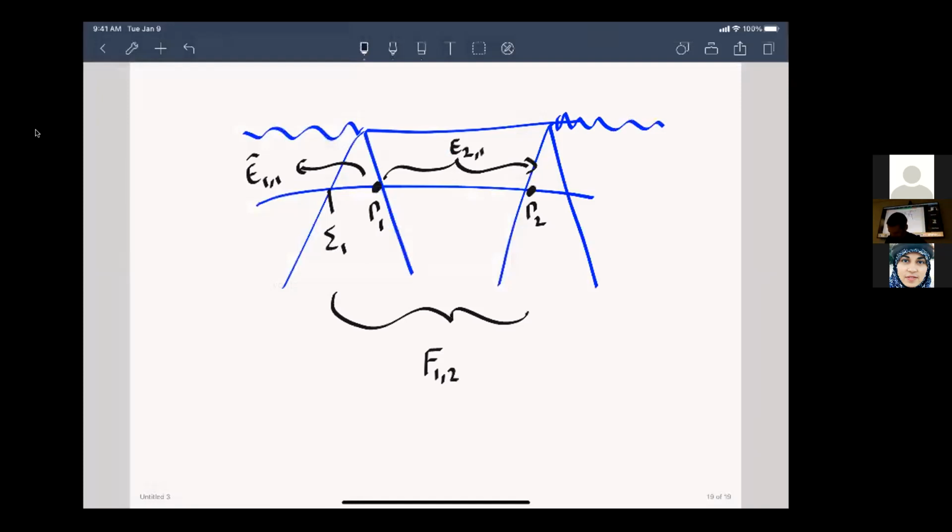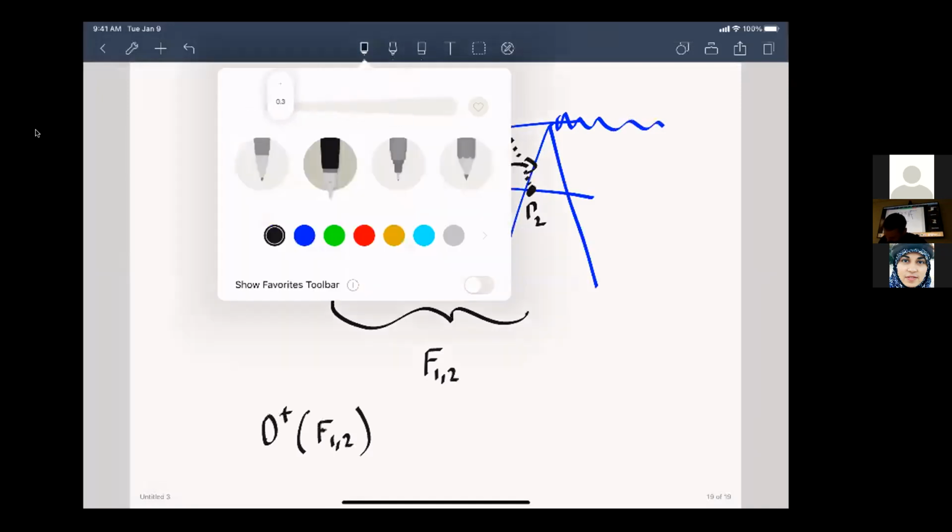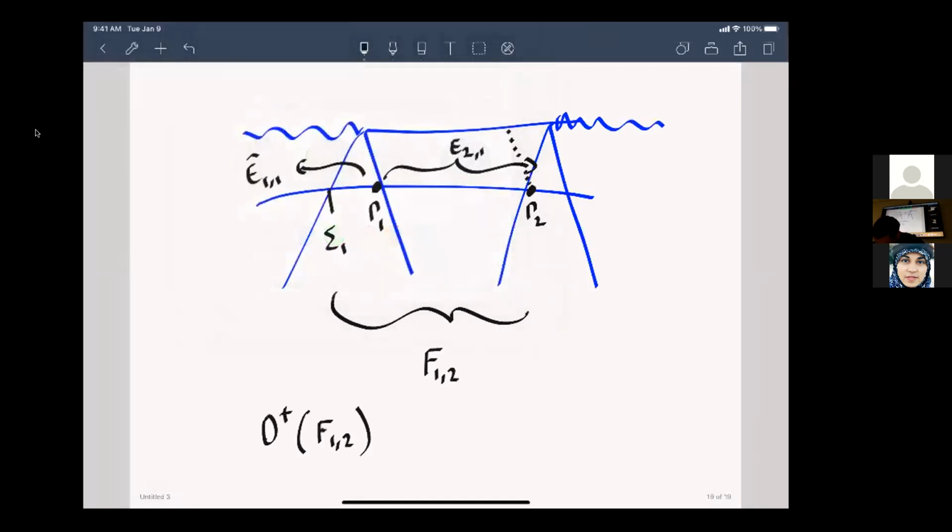So, for instance, the future domain of dependence of F12 is this region here, right? I draw it small. This is it.